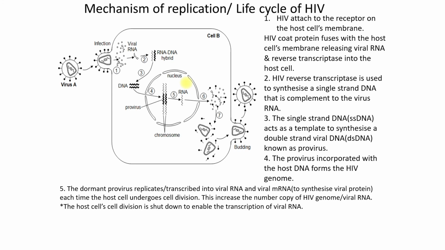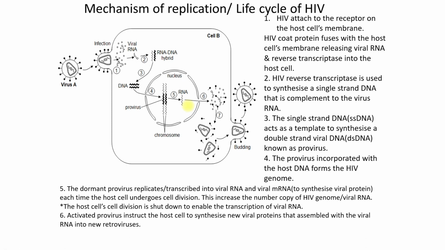Itu pula yang bertambah banyak, viral RNA, bukannya helper T cell tu. So what happens to the number of this viral RNA inside that particular helper T cell? Each time that helper T cell is activated to undergo proliferation, obviously helper T cell tidak akan jadi banyak, sebab the host cell division is shut down to enable the transcription of viral RNA. Memang best lah virus ni.